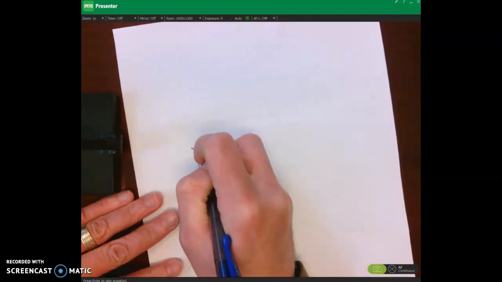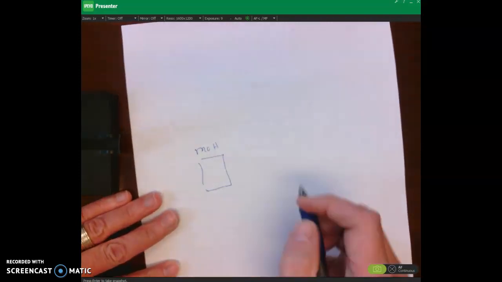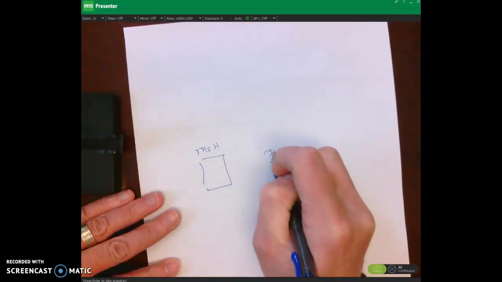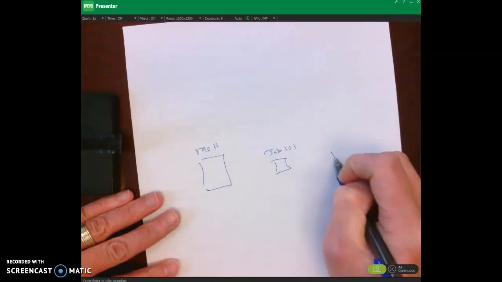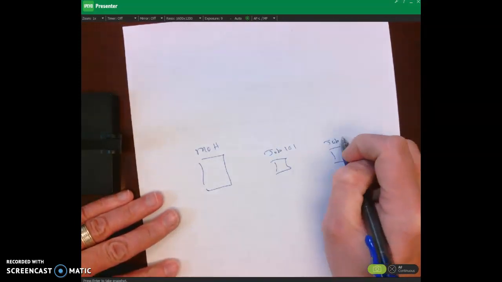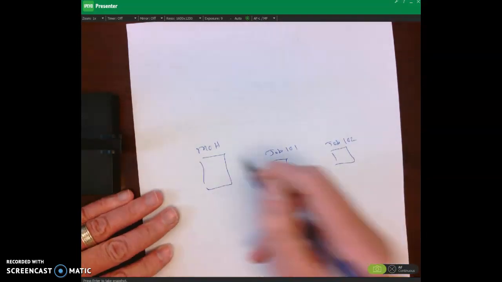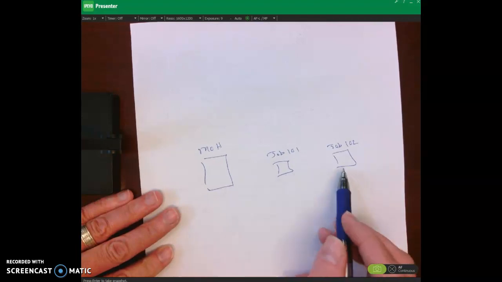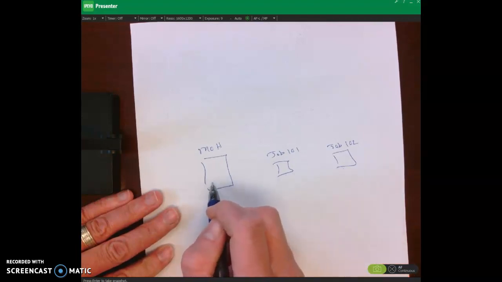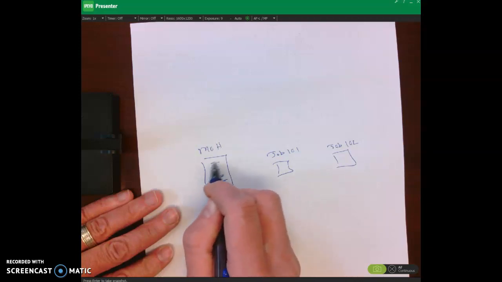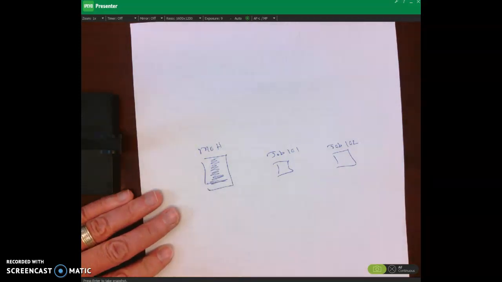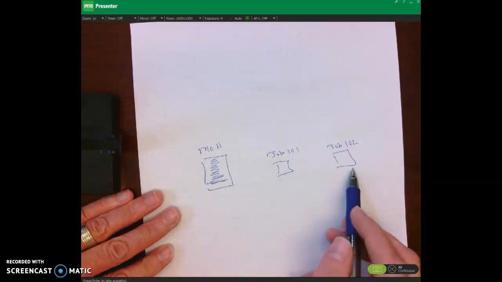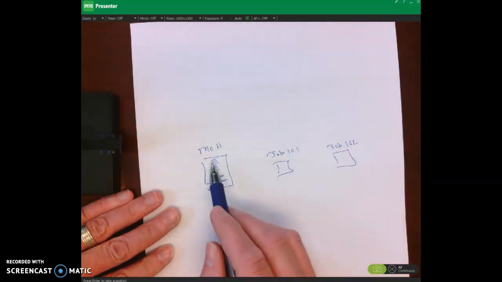This is my manufacturing overhead bucket. And then I've got job 101 and job 102. All these indirect costs associated with making jobs 101 and 102, indirect materials, indirect labor, and other factory overhead costs, are included in here because I can't directly trace them to these two jobs because they're indirect.